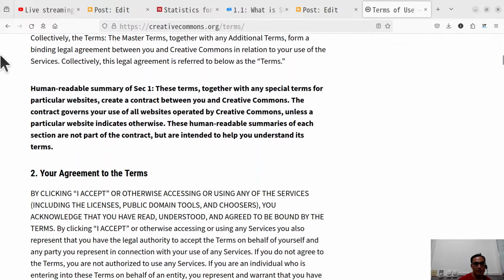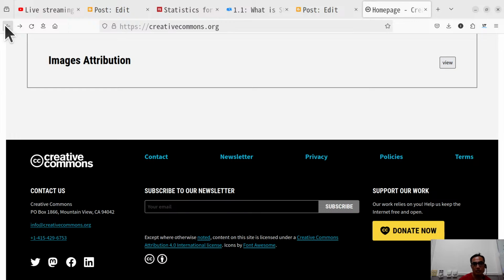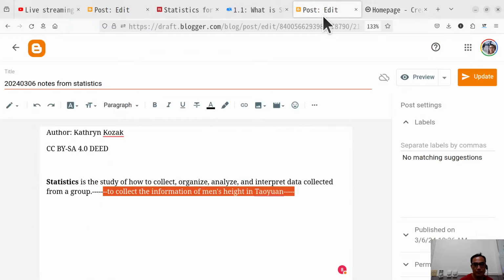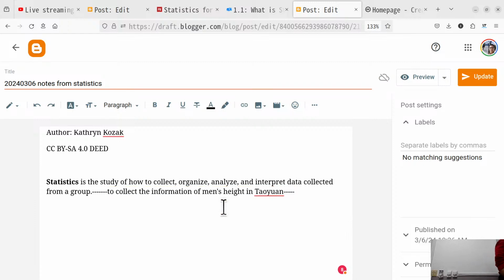Oh, not this one. Okay, I'll get it for you. Okay. Then you can write down the notes here. That is your part. Maybe you can switch it to the blue text.